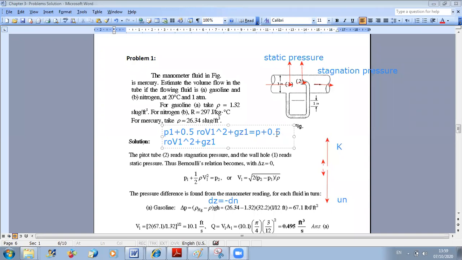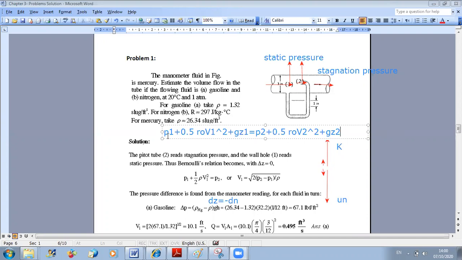Okay, so here I have P2, V2, and Z2. Now if I apply this relation here, let us check what our parameters are. First, at point 1, the static pressure is P1. I don't know the value of P1 now, but I will express V2 as a function of delta P, and afterwards I will see how I can get the difference in pressure between 1 and 2.